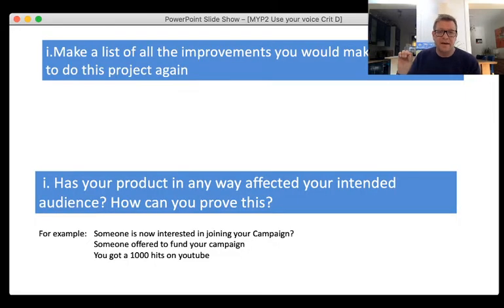Now, these are the last 2 strands that you have to do for Criterion D, and I will be really looking for this. This is actually the most important part of Criterion D, and it's the reason we do it. If you were to make this marketing campaign again, what improvements would you make? That's what good designers do.